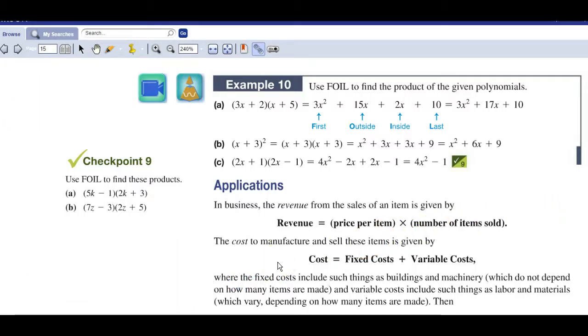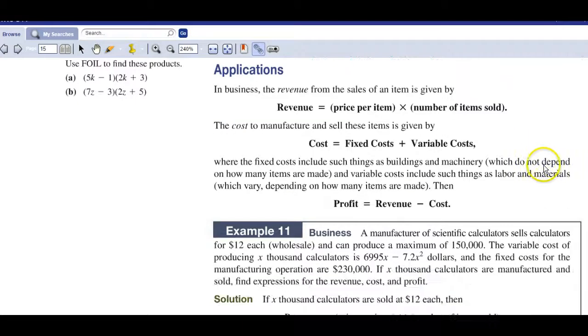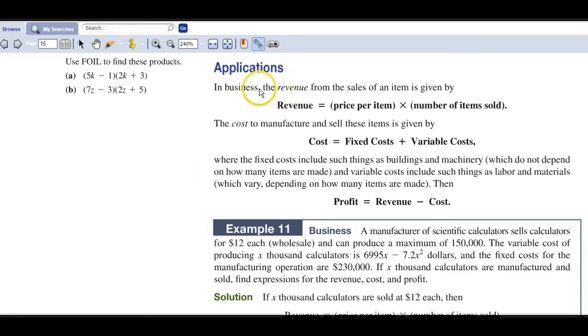Okay, now they're giving us a little application here. And let's look this over. In business, the revenue from sales of an item is given by the formula revenue is equal to the price per item times the number of items sold.